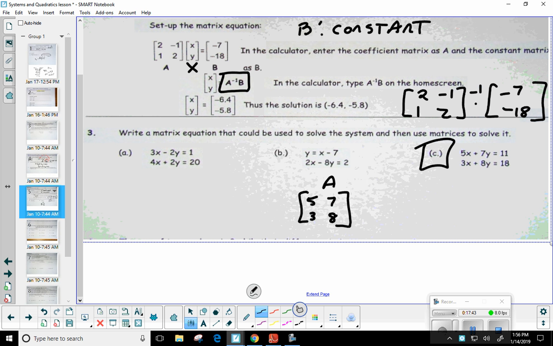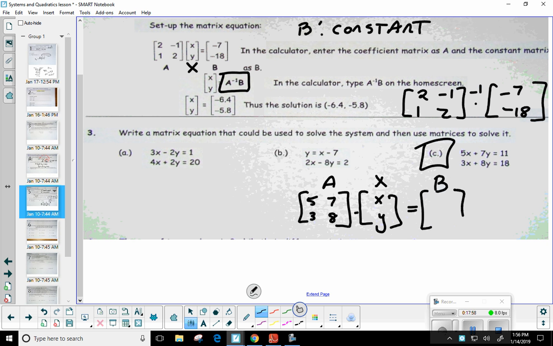So say on B, if you wanted to solve this, you want to subtract the X over, so that you have that correct form. Now we're going to have matrix X, which is always going to house the variables, equals matrix B, which we call the constant matrix. In this case, which is just 11 and 18. Okay.